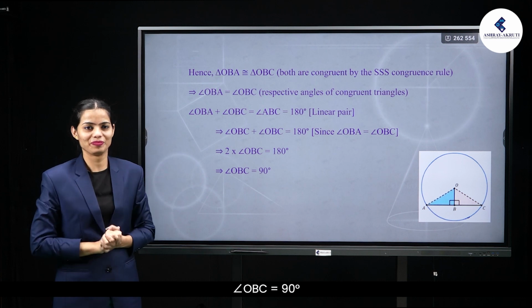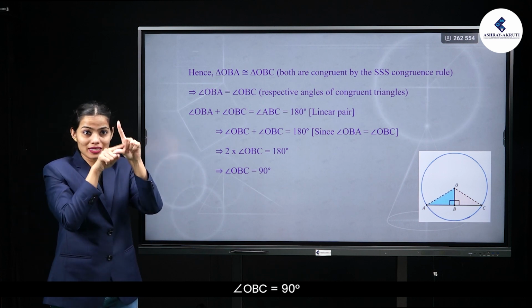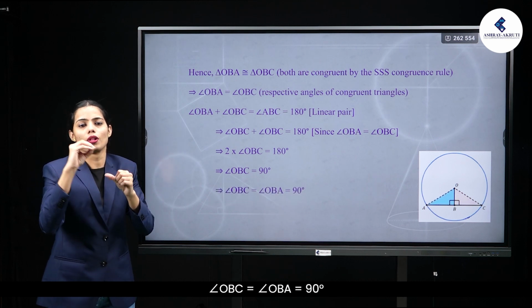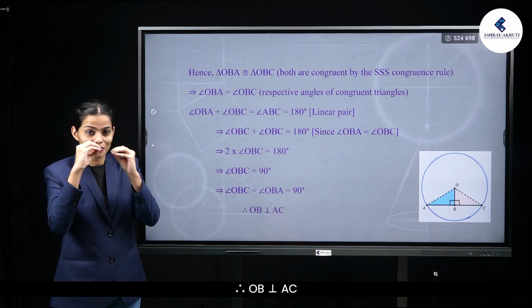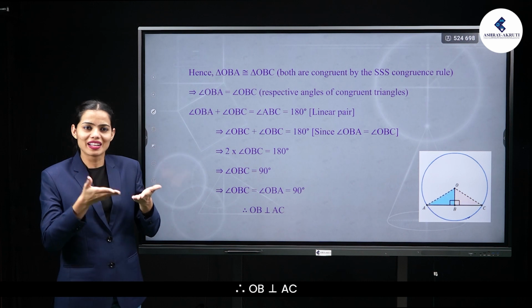Angle OBC is equal to 90 degrees. Angle OBC is equal to angle OBA is equal to 90 degrees. Therefore, OB is perpendicular to AC. Hence proved.